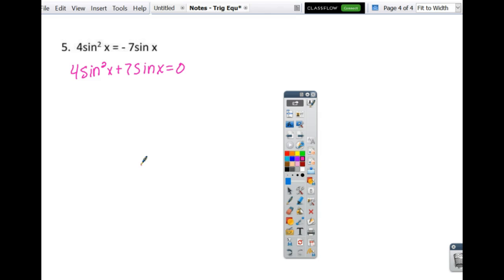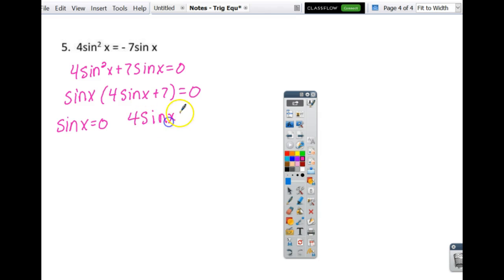Now, what can I factor out? A sine. So now I get the sine of x equals 0, and 4 times the sine of x plus 7 equals 0.